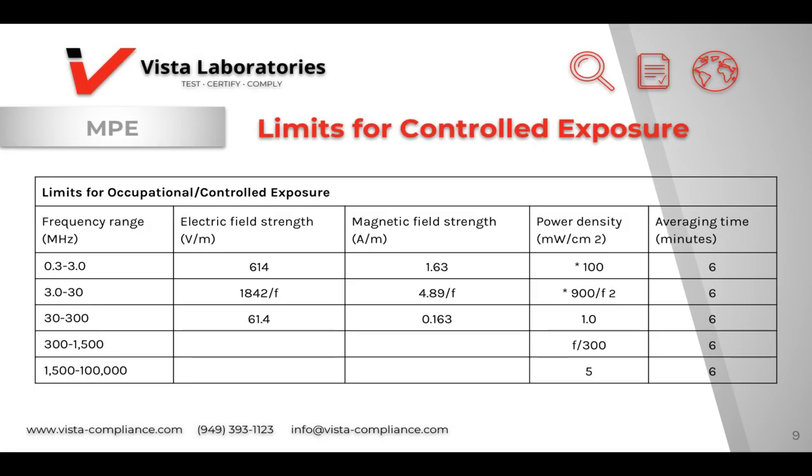So these are the MPE limits for controlled exposure. This table is basically the criteria we use to evaluate the environmental impact of human exposure to radio frequency. These limits are based on what is called source-based time-averaged maximum conducted output power.